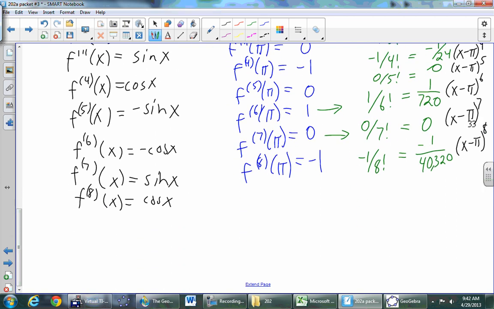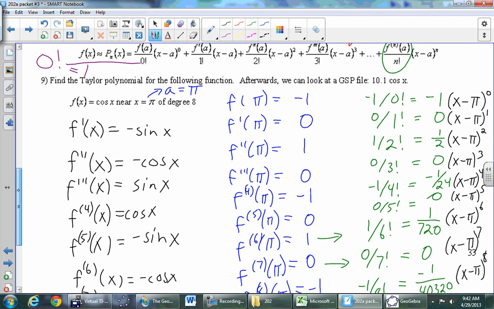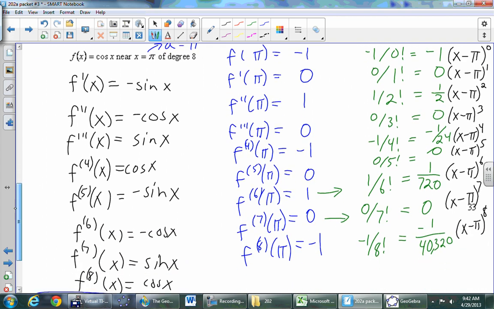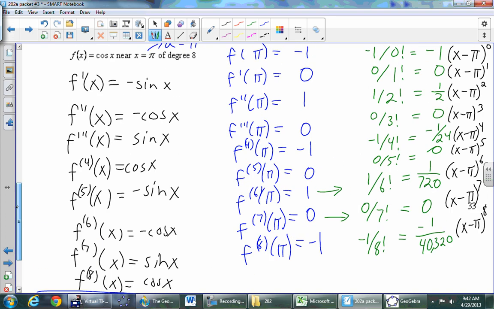And so then I'm going to show a geometry sketchpad thing here, but if you wanted to type something into the calculator to see a polynomial that matches up really well with the cosine function, which isn't anything like a polynomial, here's what you do. You just start with f of x equals, what was my first term up there in green and black? -1 times x minus pi to the nothing. It's just -1 plus, what's the next term?